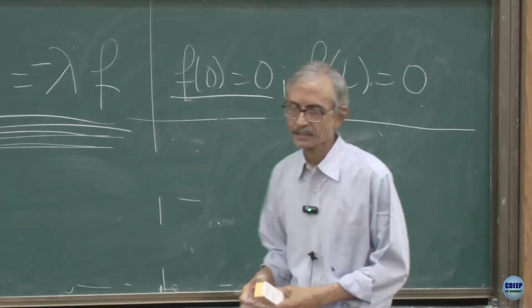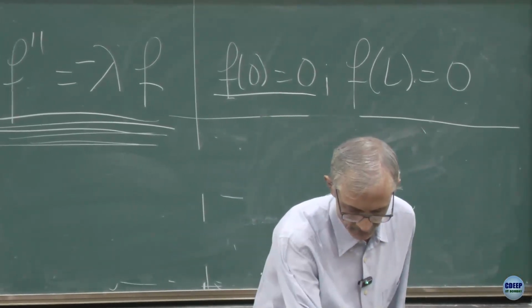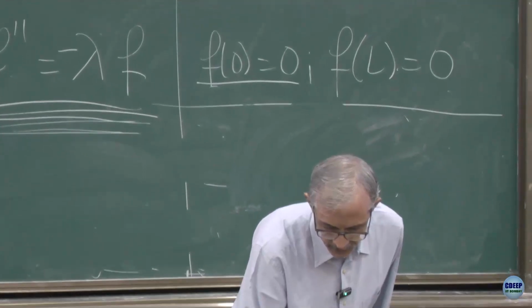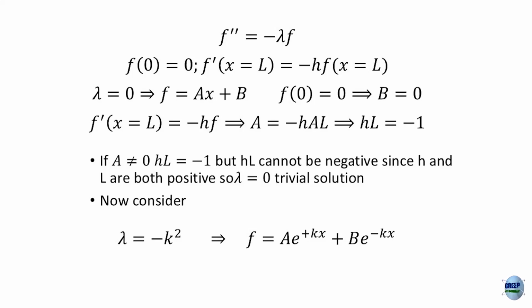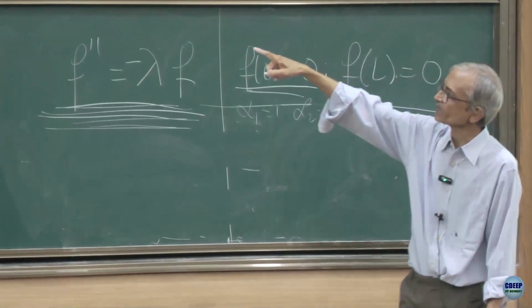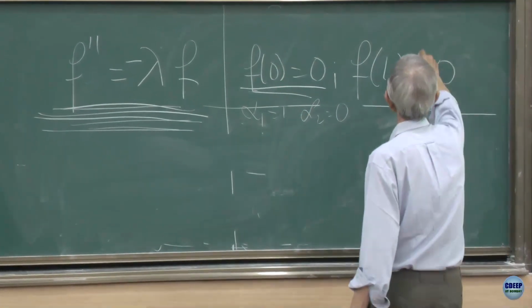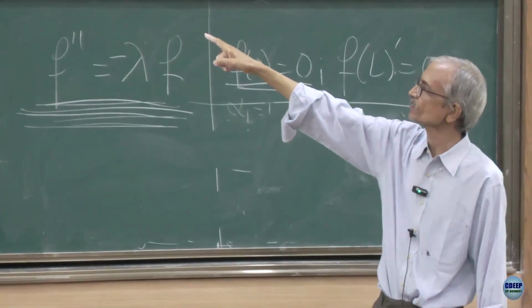Now let us go back to the last class. In the last class, we had f double prime equal to minus lambda square f, or minus lambda f. Then we had f(0) equal to 0, which meant alpha 1 equal to 1, alpha 2 equal to 0, and then we had f prime at L equal to h of f.